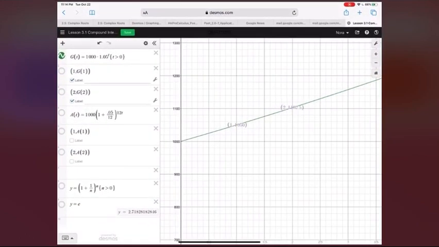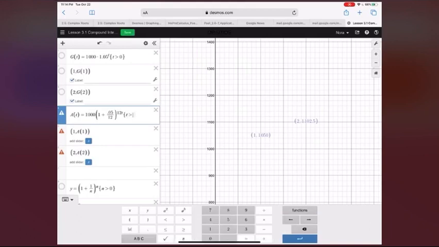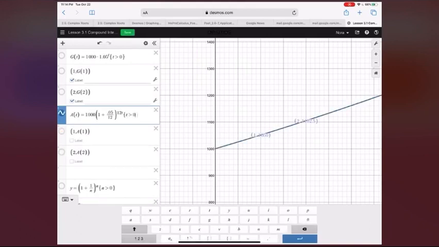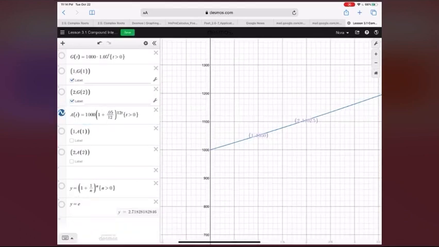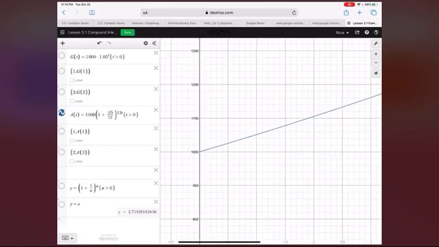So let's look at this graph, and I'm going to restrict it to only positive values of t, since time is positive. So here's the graph of Aliana's function, also starting at 1,000.